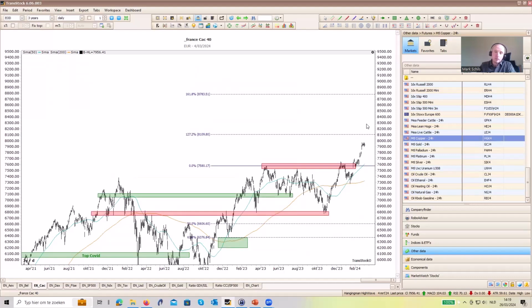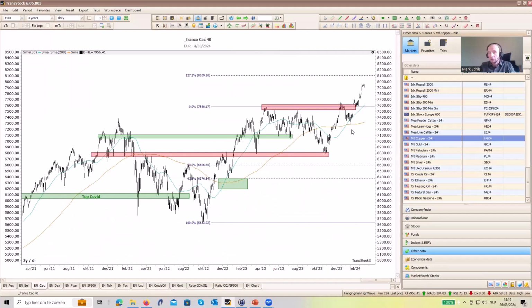But for that, it really needs to cross this level around 8,100. For the rest, everything remains very nice for the French stocks, above the blue and above the orange line. And again, our main support is the 7,600s.